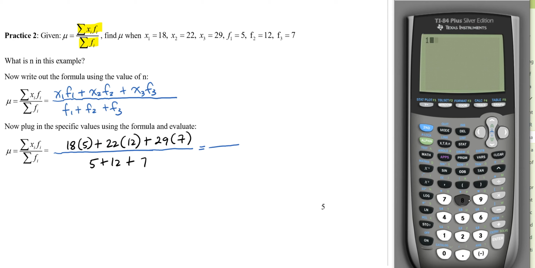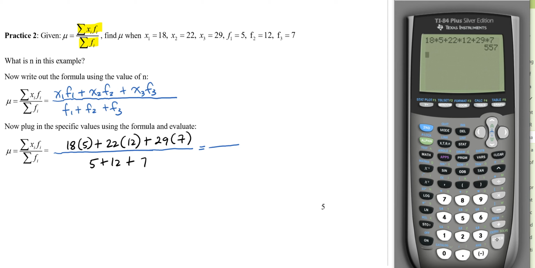Let me do the numerator first. The numerator is 18 times 5 plus 22 times 12 plus 29 times 7, and that is 557.